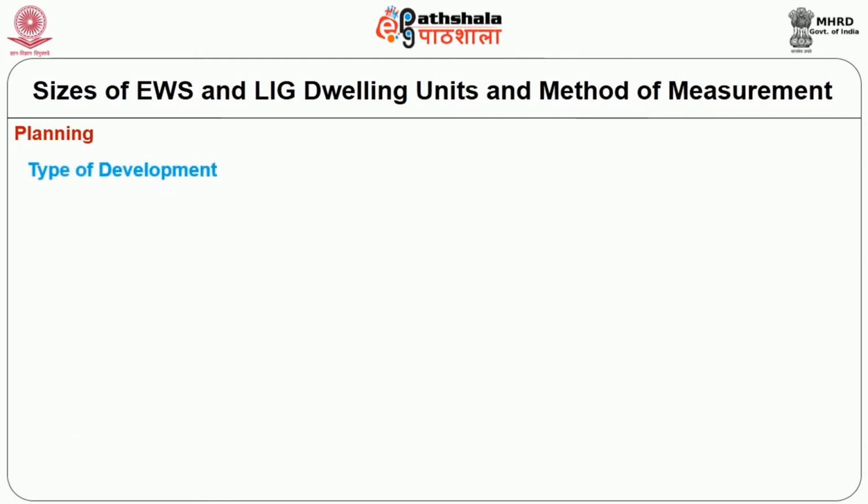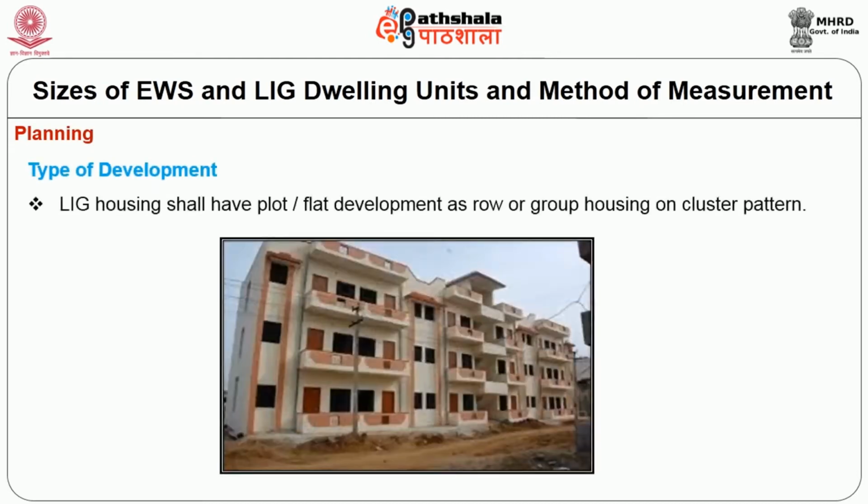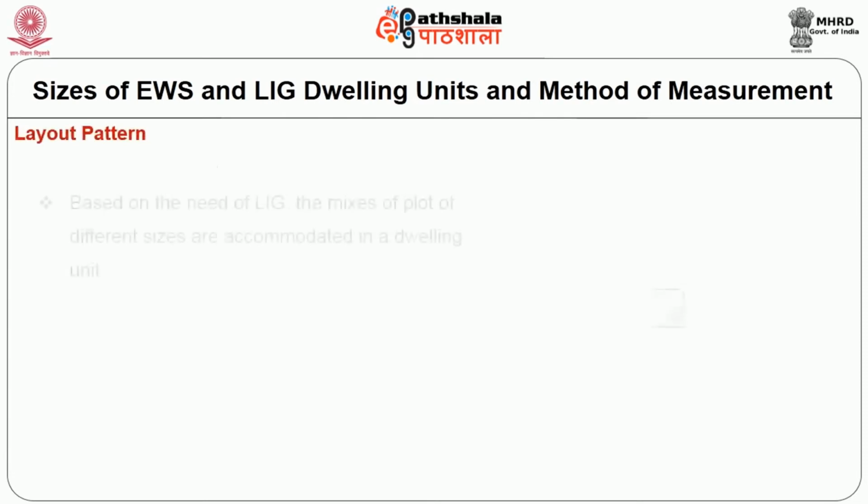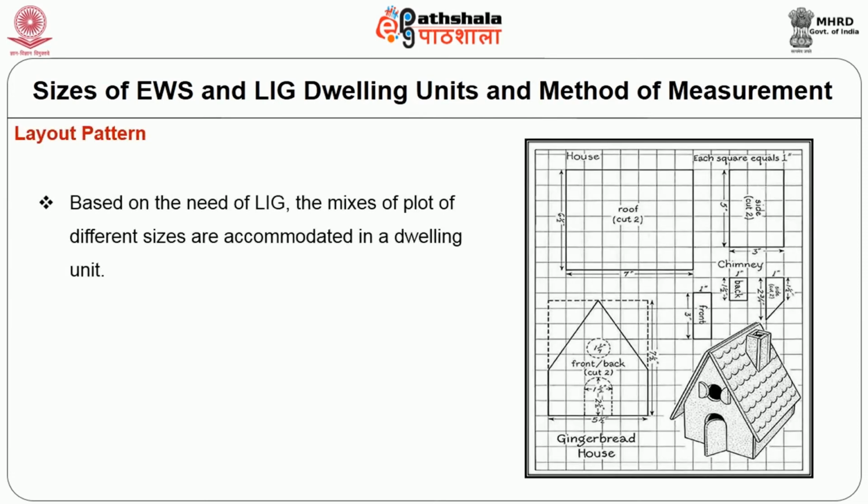Next one is planning. The first one is the type of development. LIG housing shall have plot or flat development as row or group housing, on a cluster pattern or layout pattern. Based on the need of LIG, a mix of plots of different sizes is accommodated in a dwelling unit.